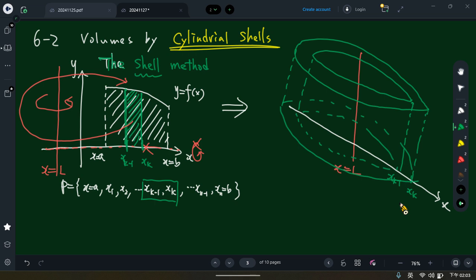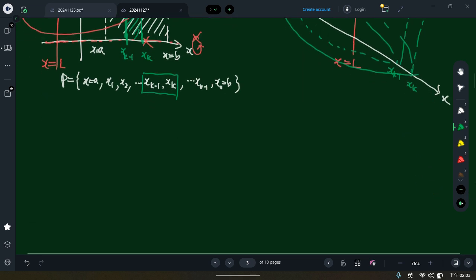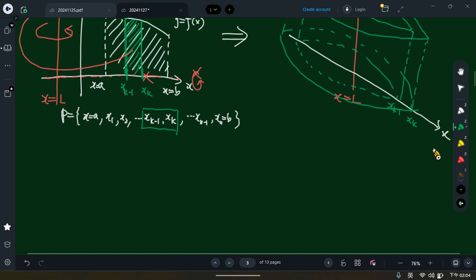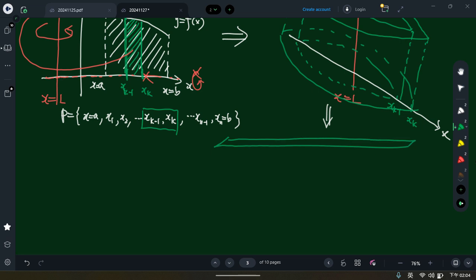Our focus is how to get the volume. So we cut the shell and can make it become like this. Actually, it's just an approximated result.